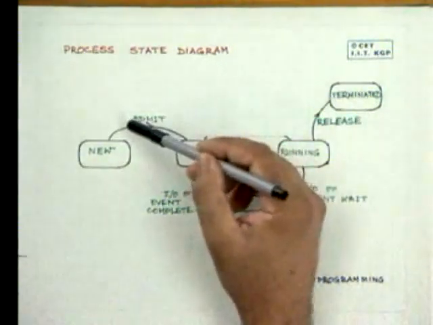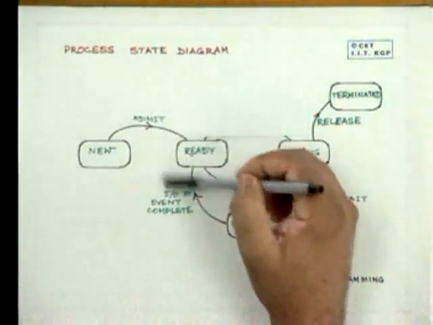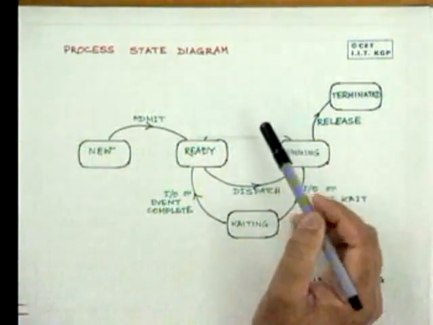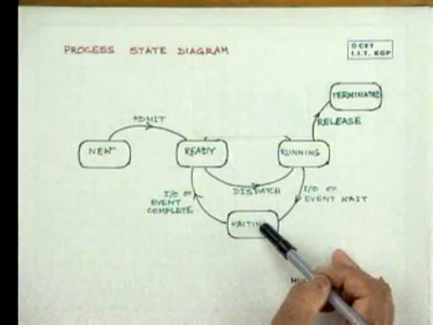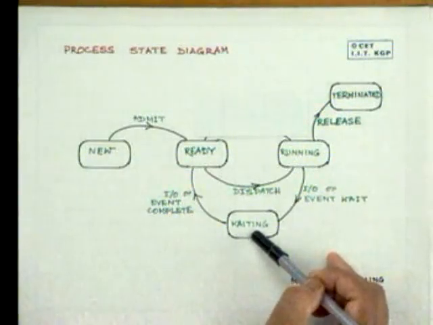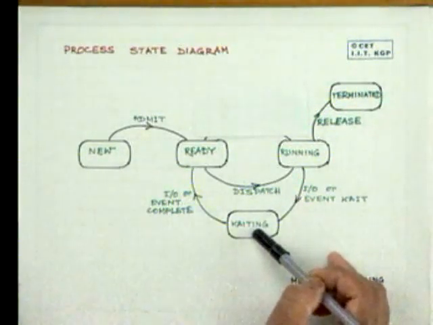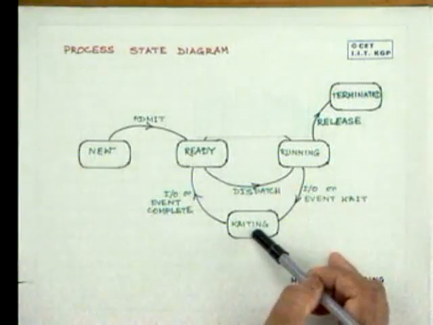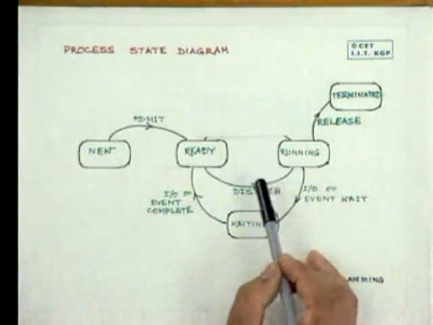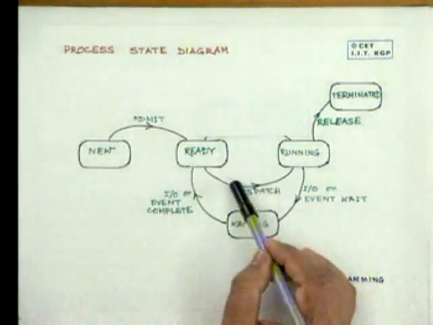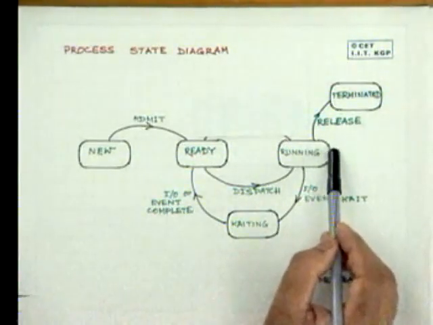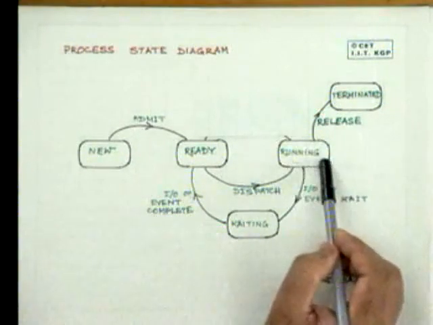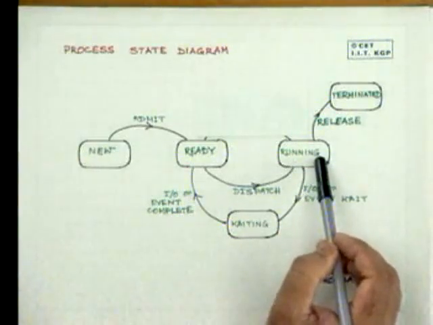Now, this is so far as a single process in the system. Naturally, you can see immediately that if the process is waiting for the IO to be completed or an event to happen, and it's a single process only within the system, then the CPU cannot have any process in the running state, and therefore the CPU remains idle.